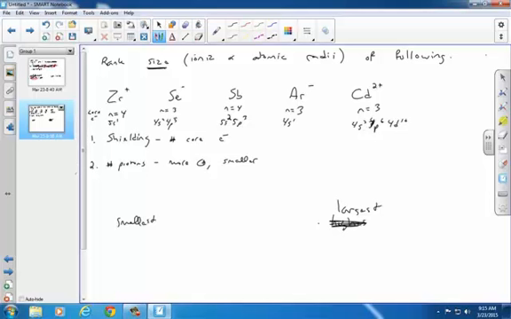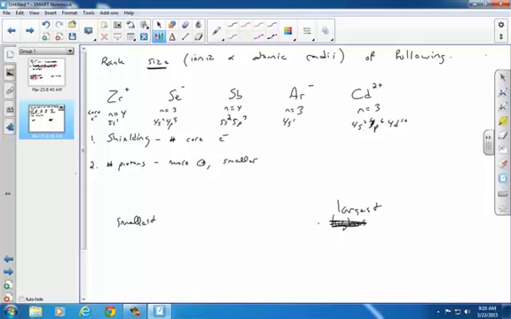So the 2 that should be the largest should be the ZR and the SB, right? Because they have more layers of core electrons. They have 4 layers of core electrons, whereas the other 3 have 3 layers of core electrons.